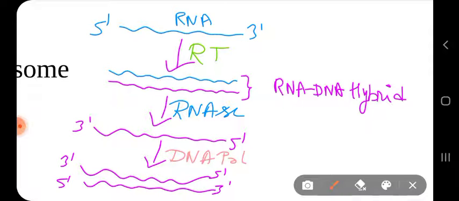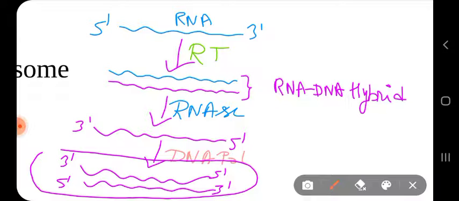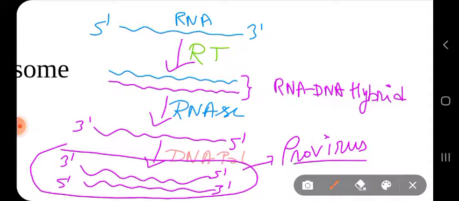So at this level, when this DNA forms, this viral DNA is called provirus, because the information is now stored in the DNA from RNA.